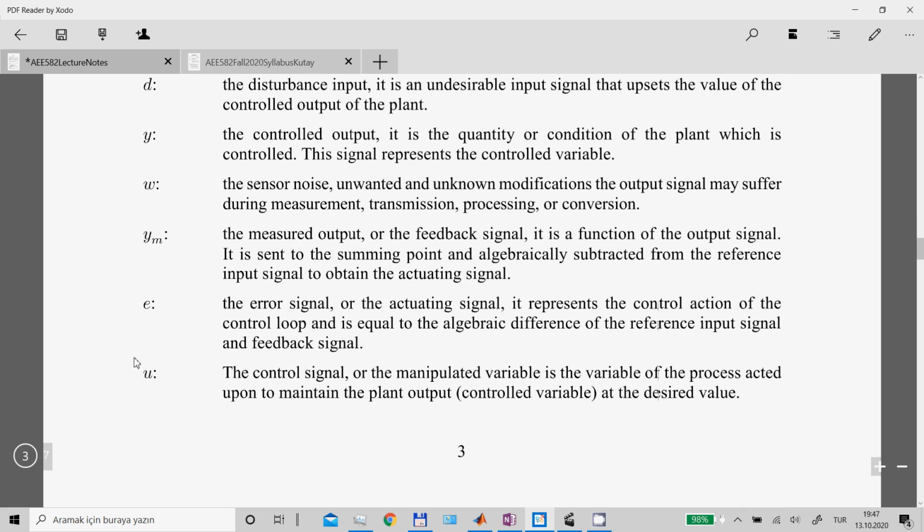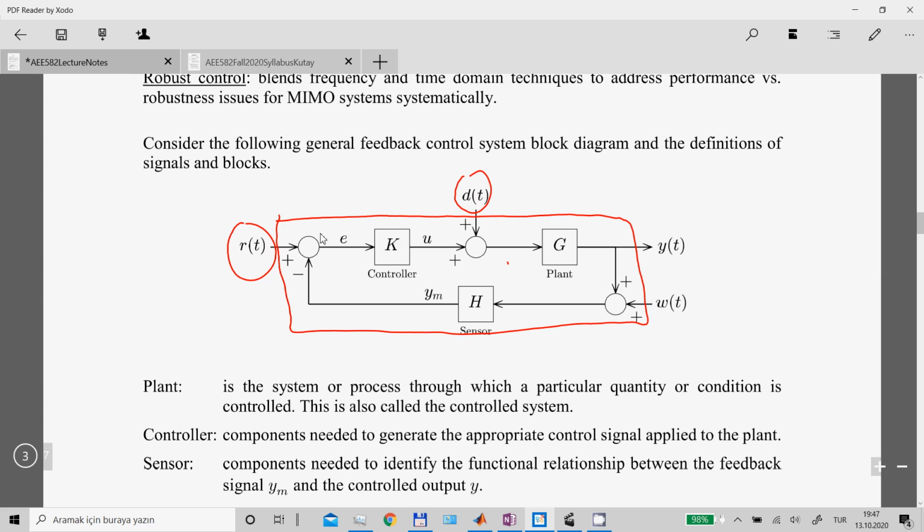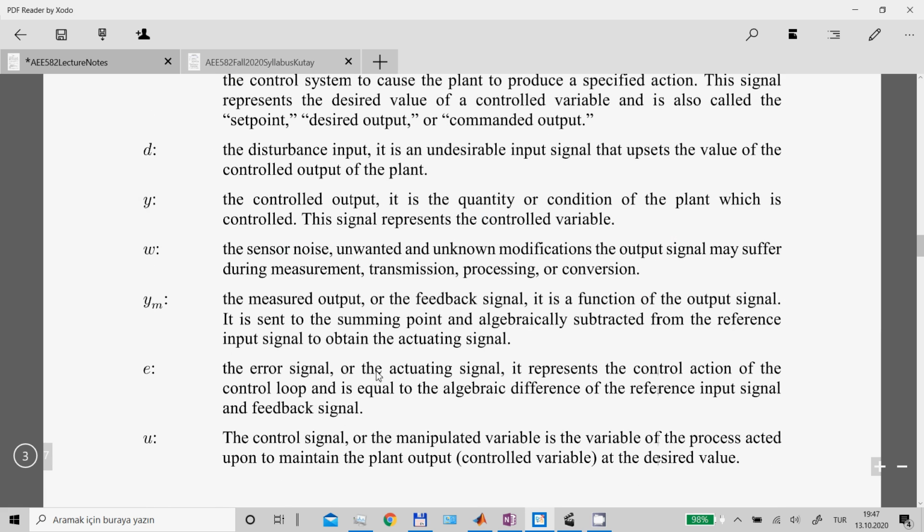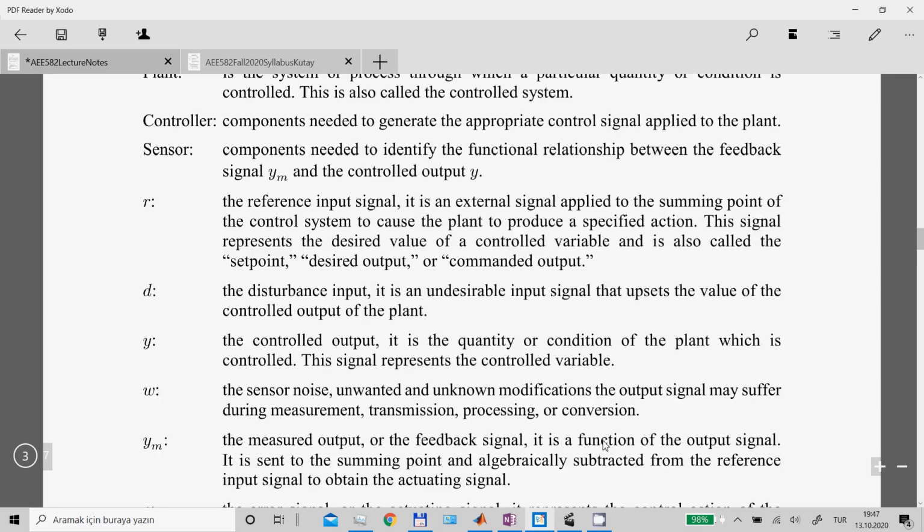And then there are additional signals inside the block diagram. This E is the error signal, which is the difference between the reference signal and the measured output of the system. Sometimes it is also called the actuating signal. U is the control signal, the manipulated variable of the process acted upon to maintain the plant output at the desired value.